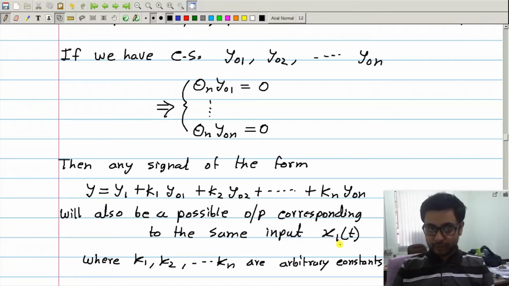That is not possible. All possible solutions can be written in this general form. Now with this idea in mind, I will tell you a recipe how to find the output of such a system given the input.